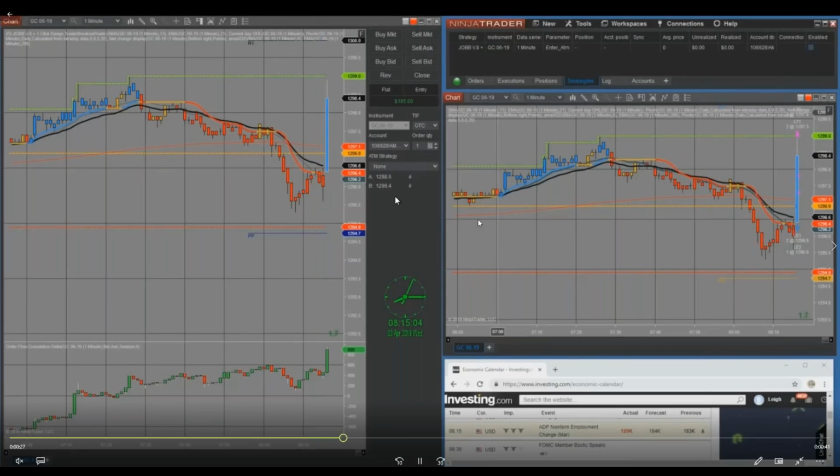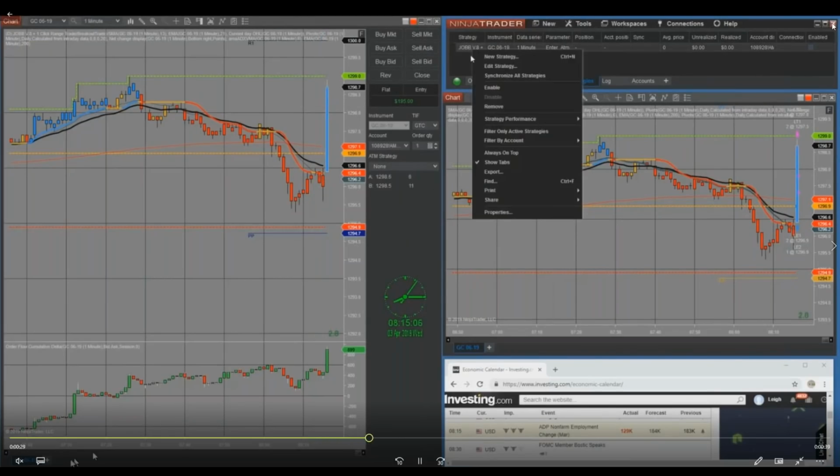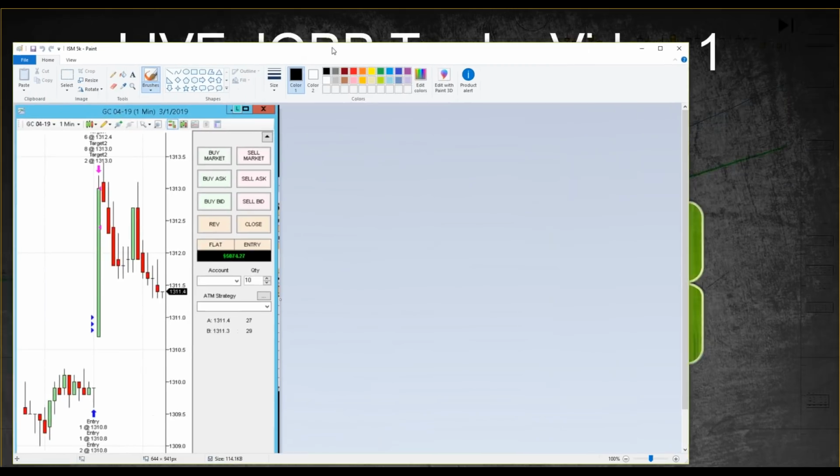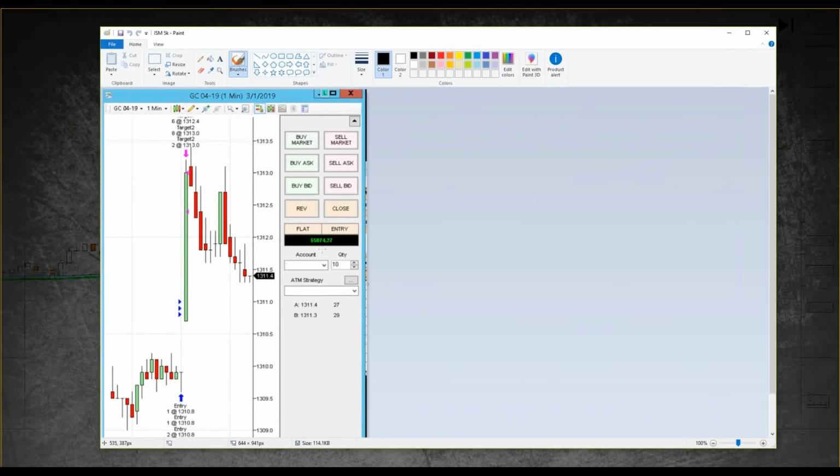I have members that do the same trades that I do. And just to give you an example, one of our members sent me an ISM trade. ISM is a trade we traded this week. He traded ISM and made $5,000 on that ISM trade. That's live, real money. You can see the orders. Now he has a decent sized account.